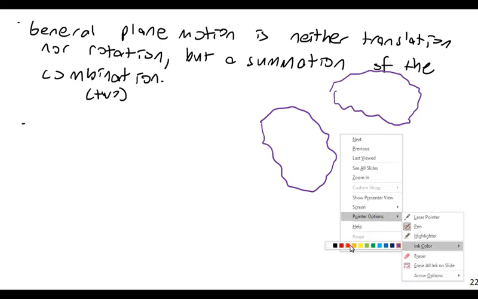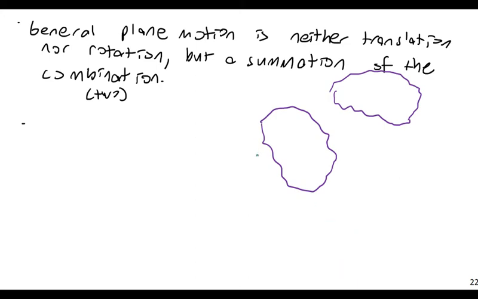Let me label some points: A1, A2, and B1 and B2, and then maybe B1 prime.